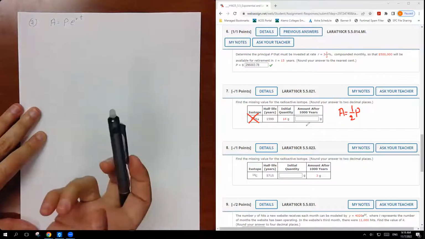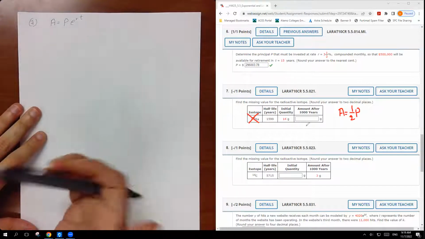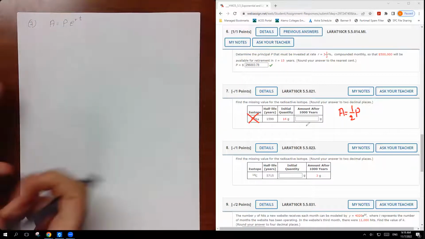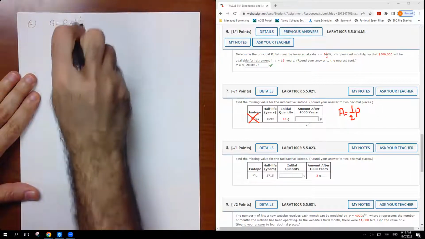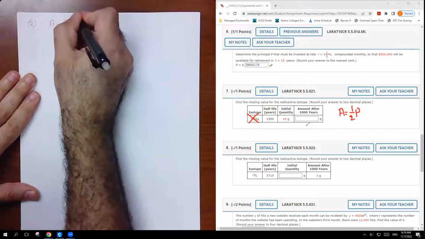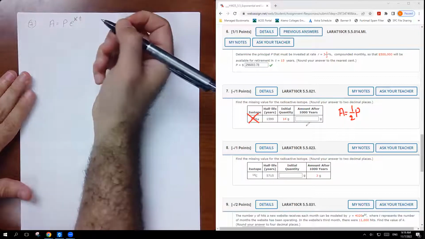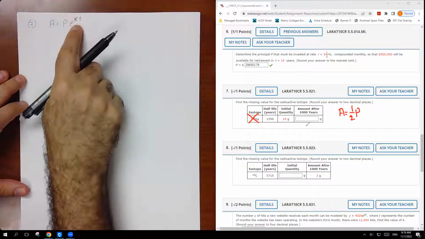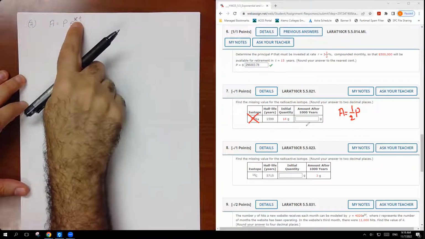With some formulas, they use K, which is the same thing as the rate, but now K is the growth element or decay element. So I can use K so you can see the difference, but it's exactly the same thing as r. In this formula it's going to be the growth or decay.